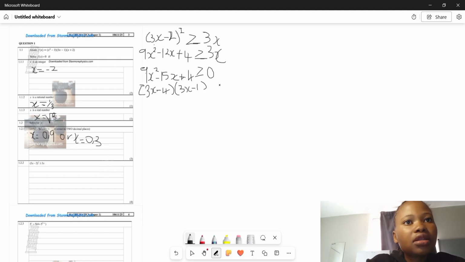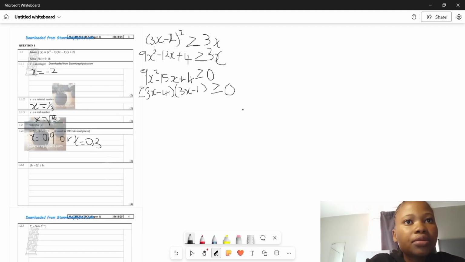Now it's 3x minus 4, 3x minus 1, is greater or equal to 0. So now we are solving for your x.